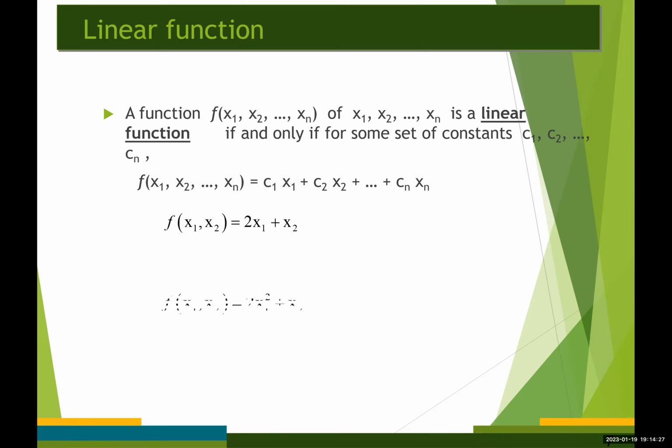However, down here, f(x1, x2) = 2x1 squared + x2 is not a linear function of x1 and x2 because of this square term, right?